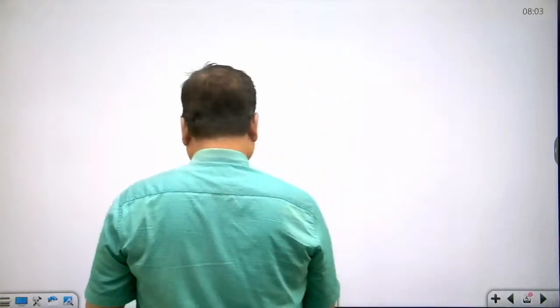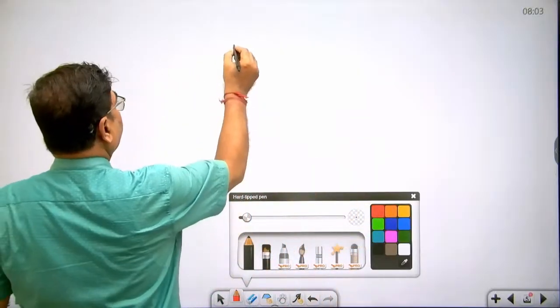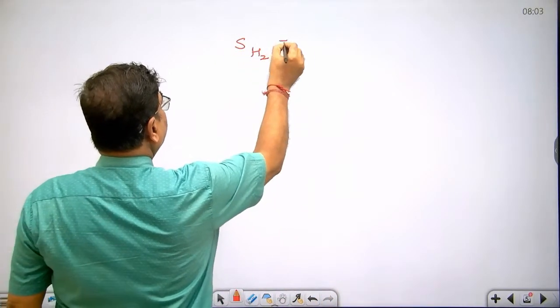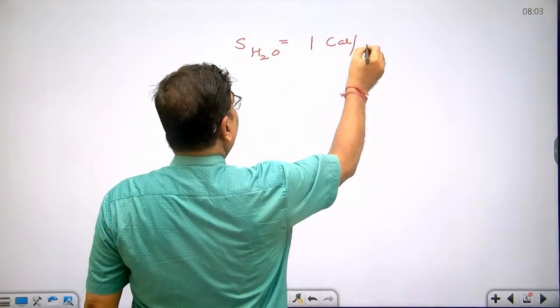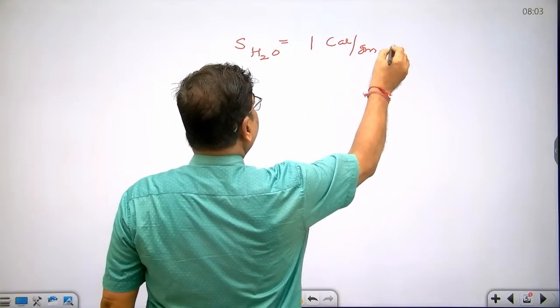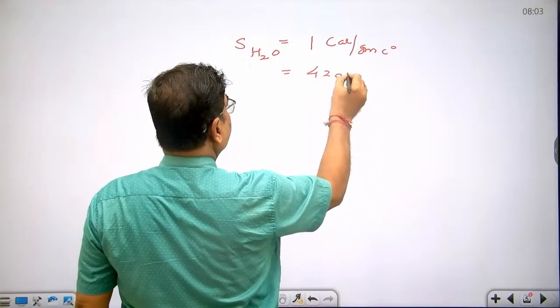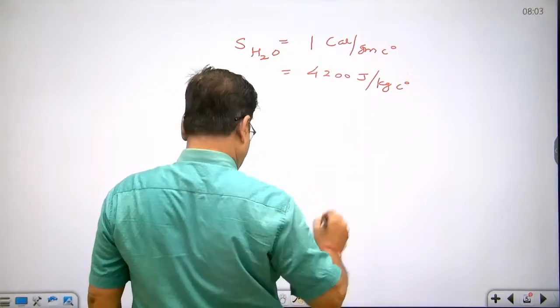Okay, so let's remember some important specific heats. Specific heat of water is 1 calorie upon gram degree centigrade, and 1 calorie can be written as 4200 joule upon kilogram degree centigrade.